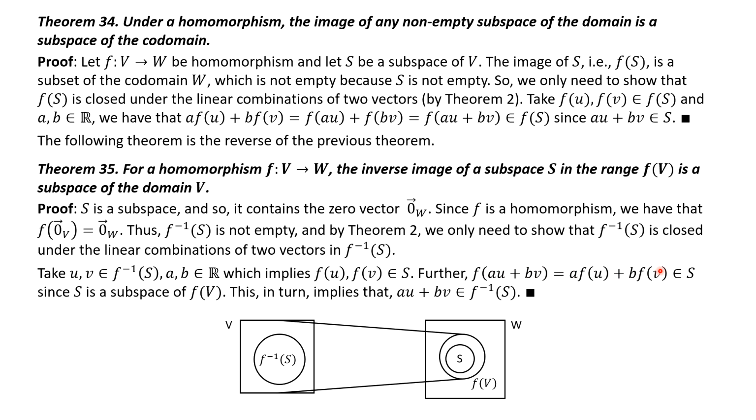And this linear combination is in S because these two elements are in S, and S is a subspace, so S is closed under linear combinations. And then we can just take the inverse of both sides, whatever this happens to equal in S, and that proves that aU plus bV is an element of F inverse S, which proves our theorem.